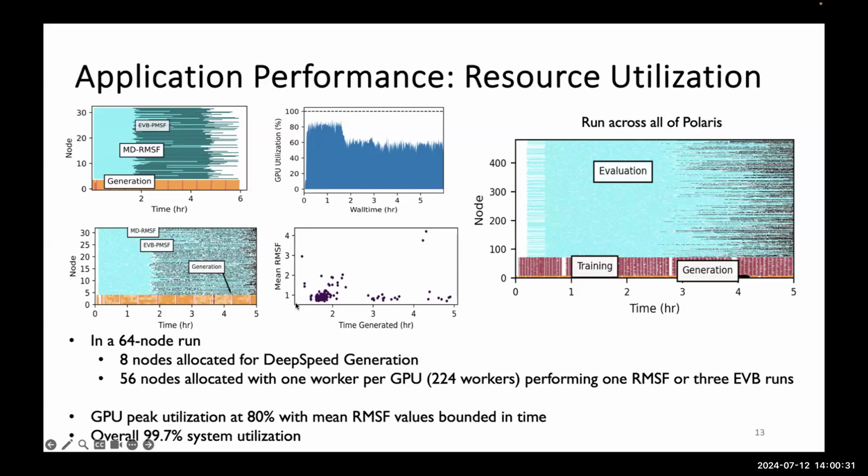All right, so here I just want to highlight a couple of things. What you see is GPU utilization, node utilization, and a plot that we just discussed when Blanket asked how good or bad the sequences are when they are simulated by MD.